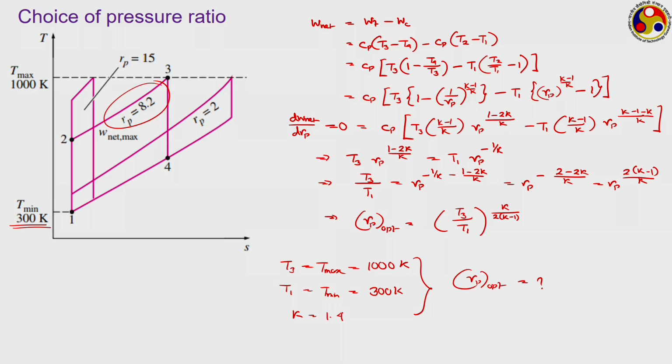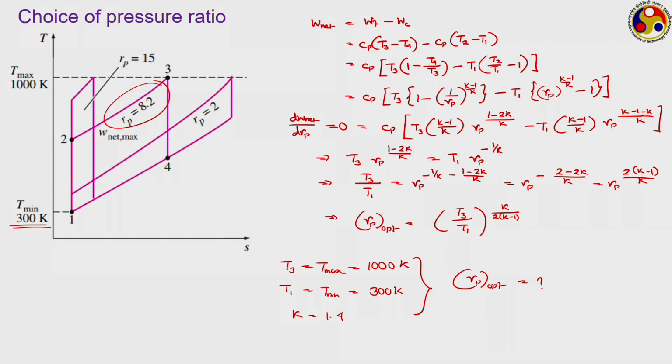So, we can see that as Rp increases, your efficiency increases, but that does not mean that work output will also increase, because work output becomes maximum only at an optimum value of Rp once you fix the two temperatures. So, we generally have to go for some kind of compromise or trade off between the efficiency and work output.